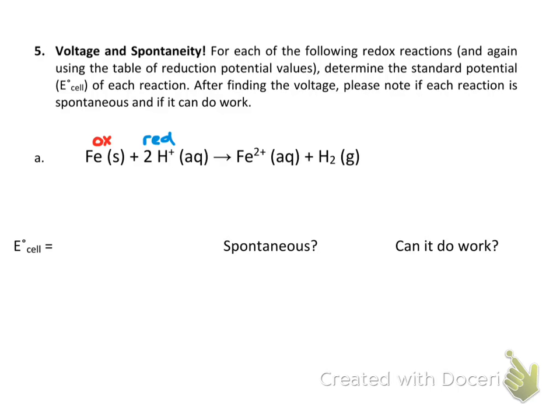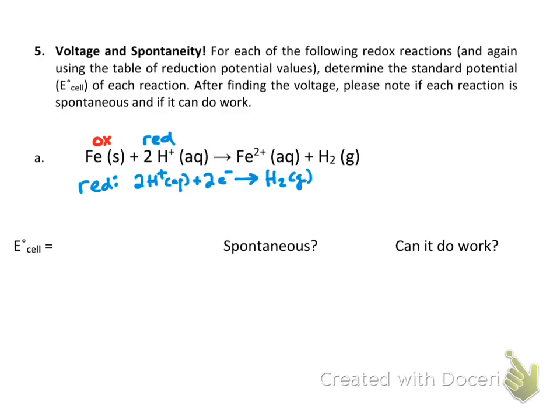And now what I'm going to do is write out each of these individual half reactions, and we're going to find the voltage associated with it. So, for our reduction reaction, the half reaction, we're taking H+, adding in 2 electrons to make it H2 gas.